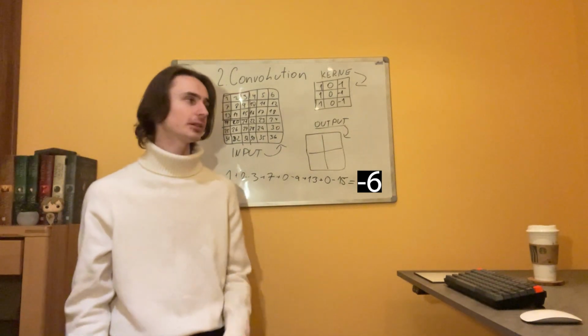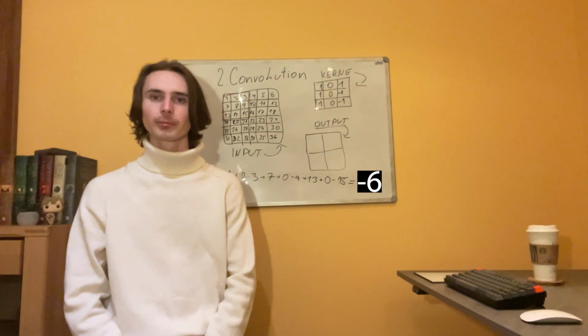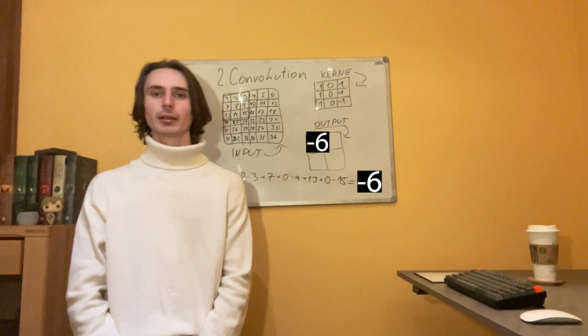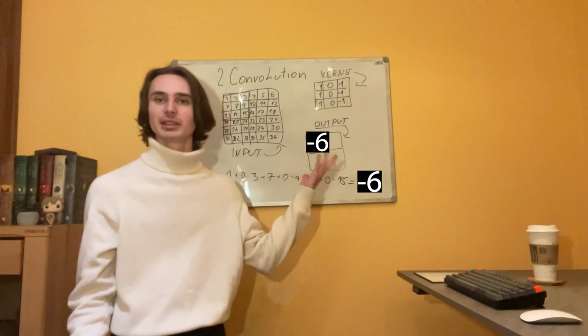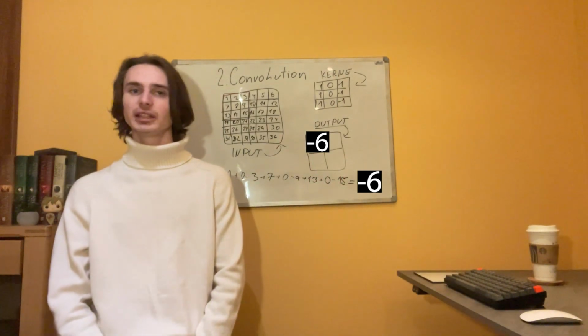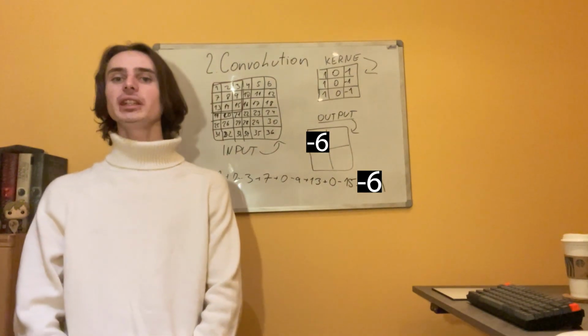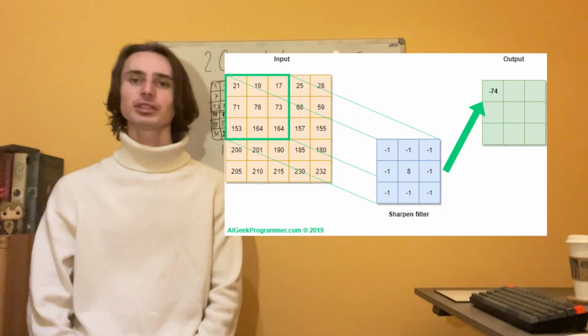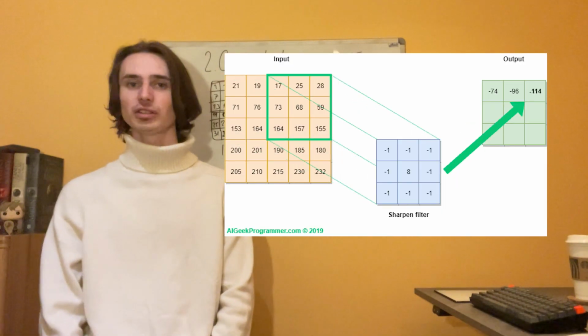We sum them up and we get the final value. That's going into our feature map. Then we slide our window by 1 pixel to the right, and so on and so forth. For the sake of me not doing math on the whiteboard, I've borrowed this animation, which shows how the convolution is done on an image.